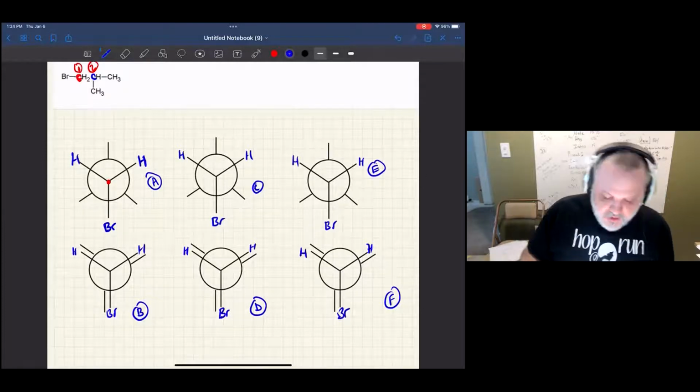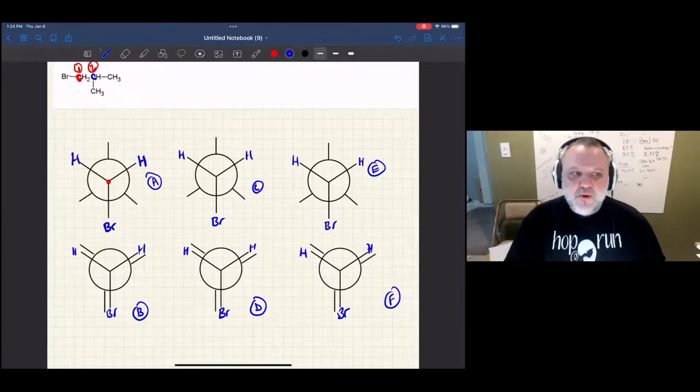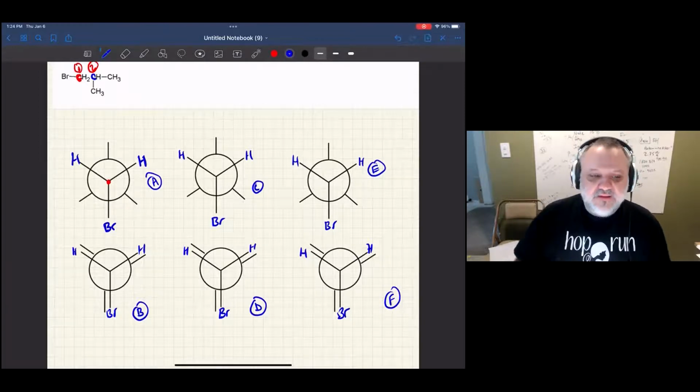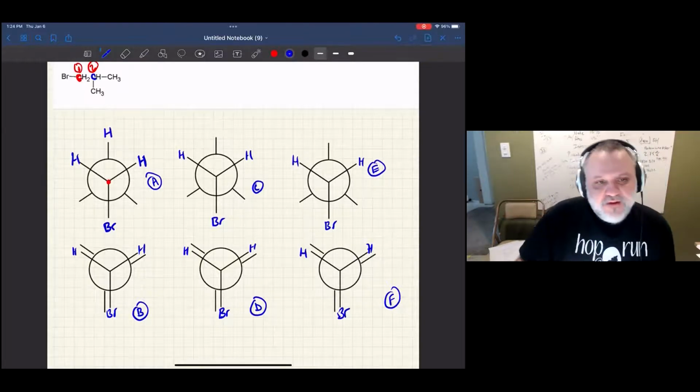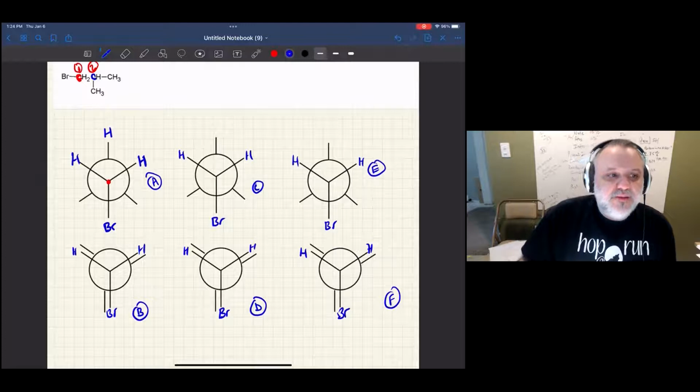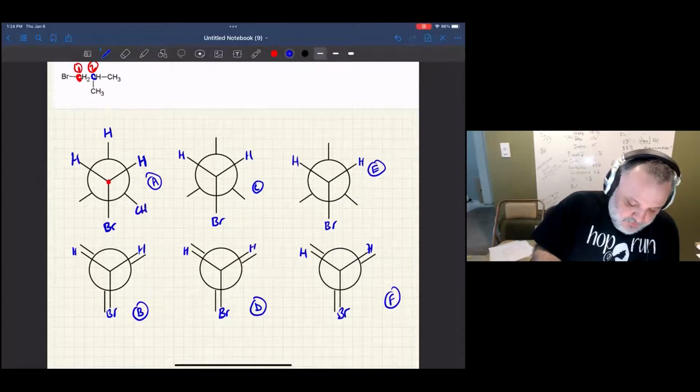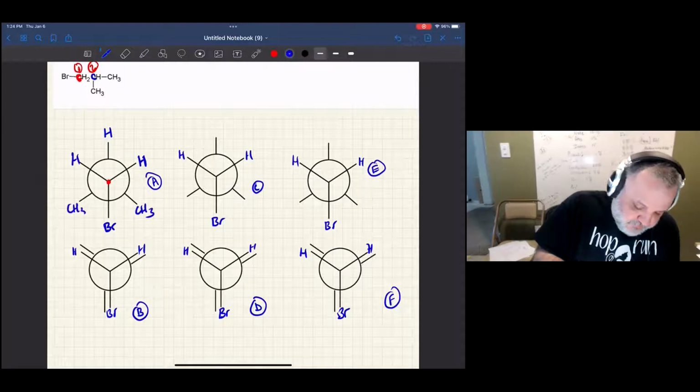Done. Now comes the hard part, right? The hard part is to make sure that we get the back correct and then do the rotation. So what is the back connected to? Again, there's no 3-dimensional information, so it doesn't matter where you put things, but it's connected to a hydrogen and 2 methyl groups.